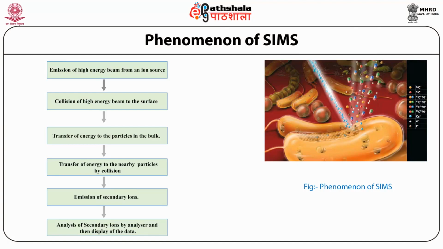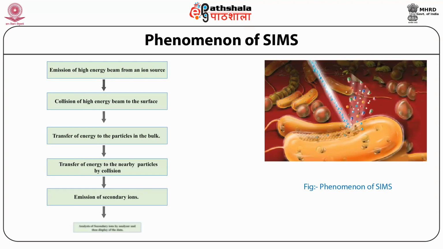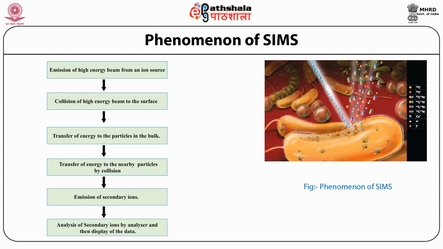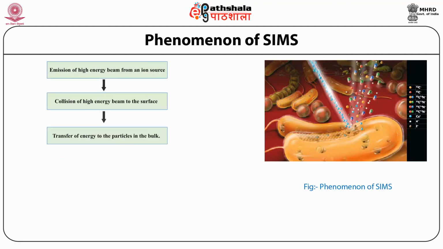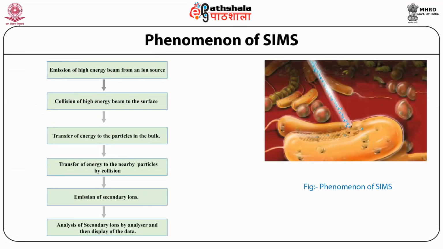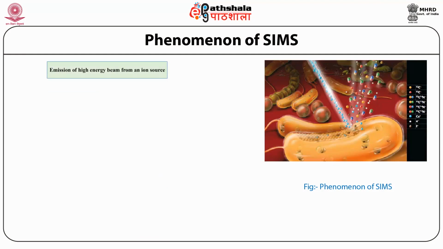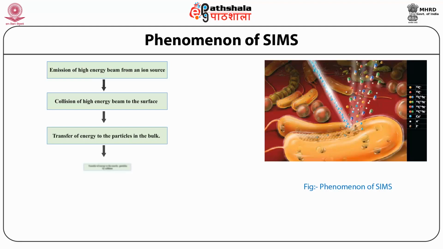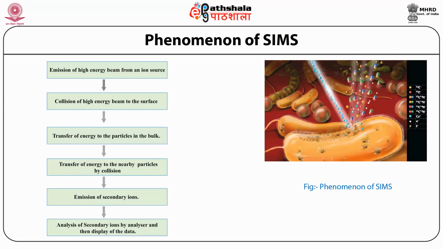Some of the primary ions here can be scattered back, but most of them transfer their kinetic energy to the lattice through the process of collision and are implanted into targets according to their energy, mass, and impact angle. The final result is not only the emission of secondary ions, but also the emission of low energy electrons that may be in the form of Auger electrons, or photons from visible to X-ray, depending upon how strong the primary energy was.